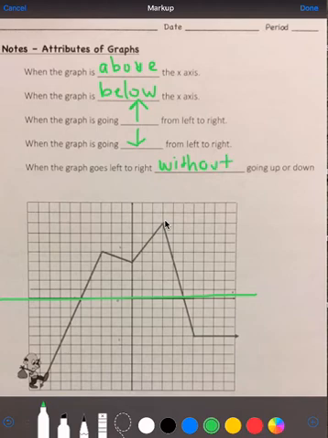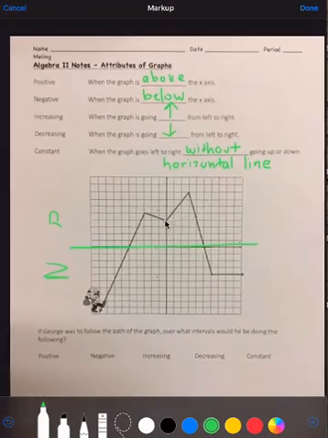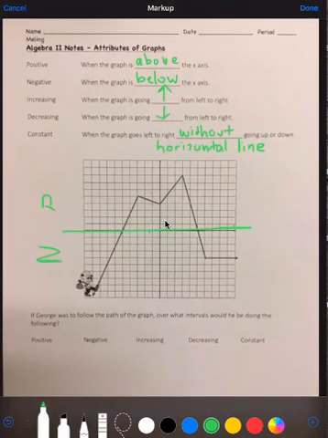So this is a horizontal line, just like the x-axis would be a horizontal line that is not going up or down. So those are the pretty easy basics.